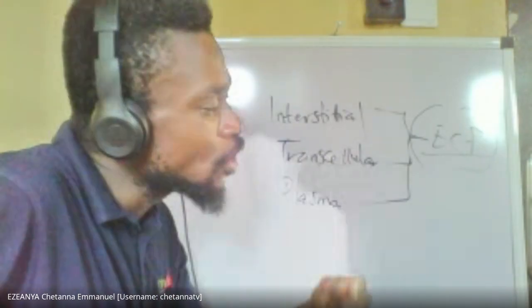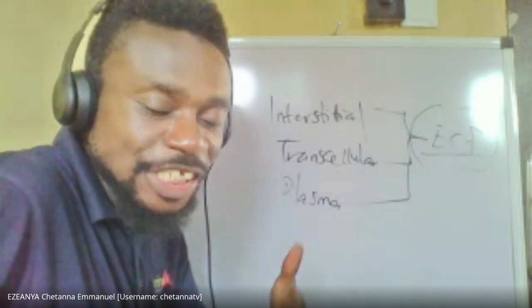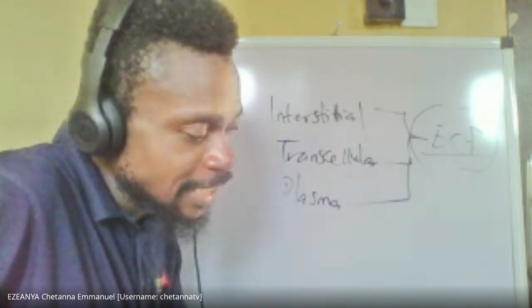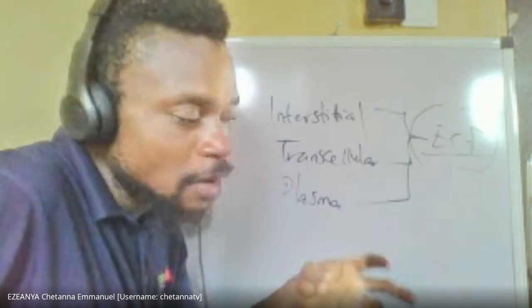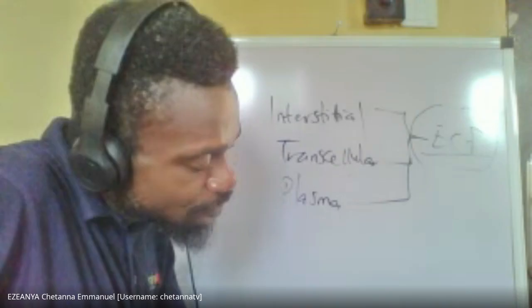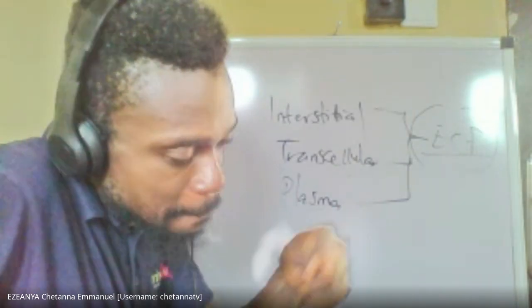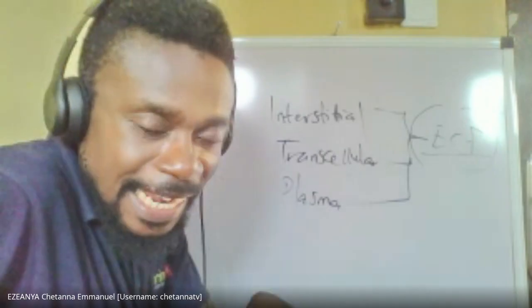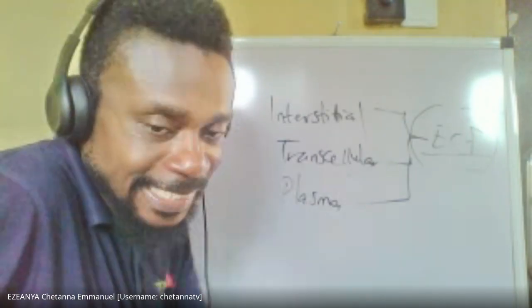And it's also through, of course, how does the food enter? Exchange between the blood and the cell. The nutrient from the food you eat must leave the blood vessels through the capillary, mix with the interstitial fluid before it will now enter the cells.